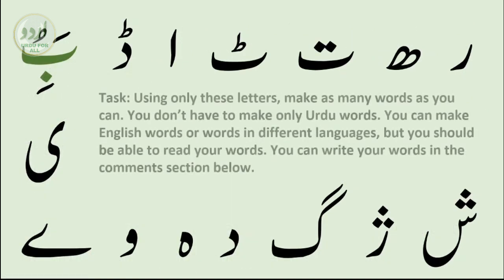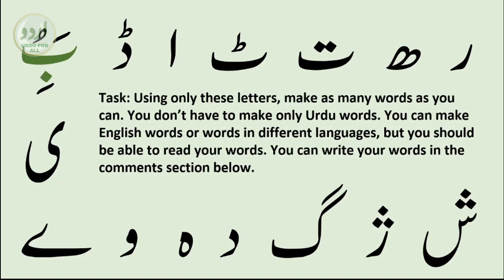Your job now, using only these letters, is to make as many words as you can. And you can write your words in the comment section below. I'll give you an example. Now, you should be able to read this word. Alif pesh re ur, dal pesh waw du.